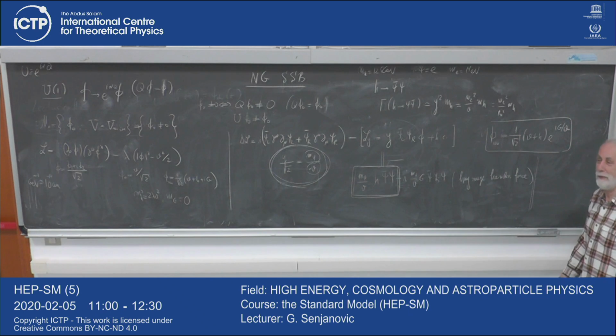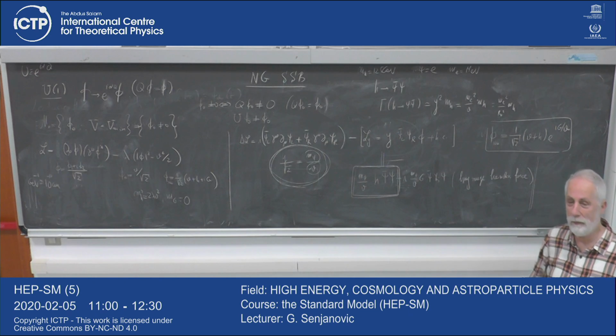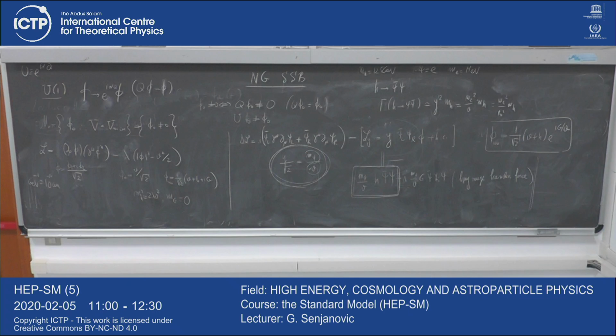Well, I can't help anticipating at this point. Imagine that I now gauge the symmetry, which I will have to do. What do you think? You see, this Goldstone boson, when I gauge the symmetry. Imagine that I say that alpha is alpha of x.